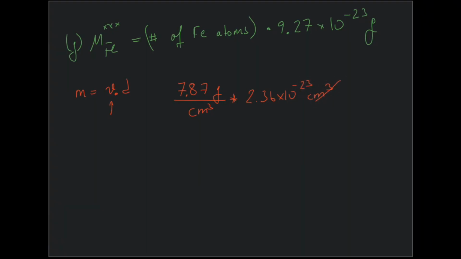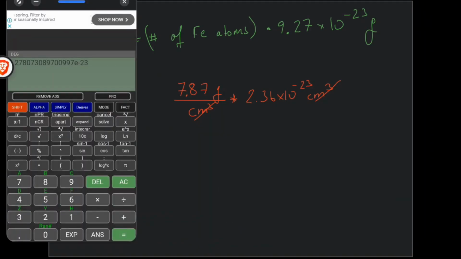Centimeter cubes will cancel each other, and I can calculate this number also. So this number is equal to 1.857 times 10 to the minus 22 grams.